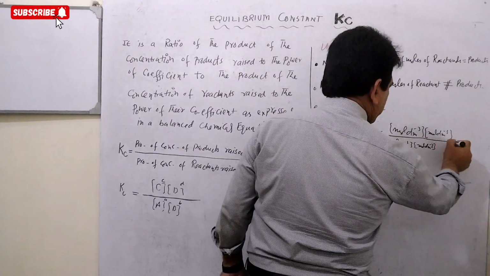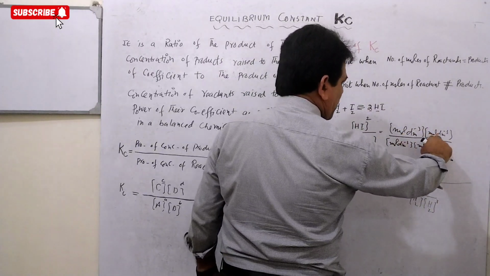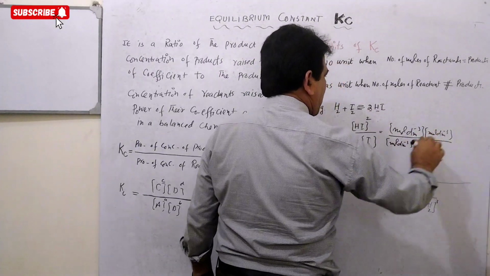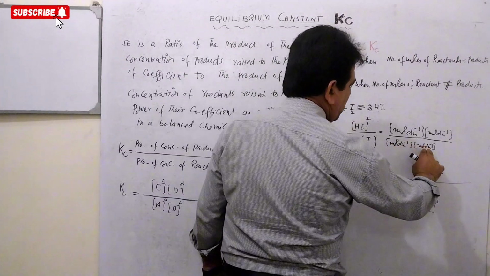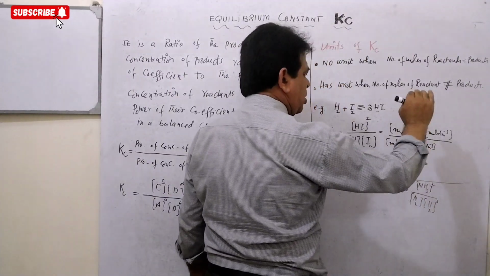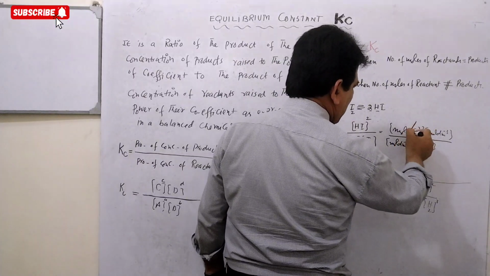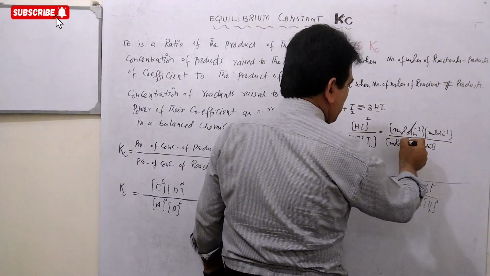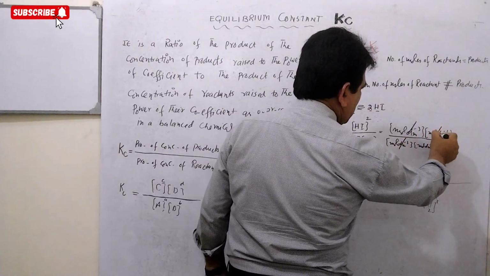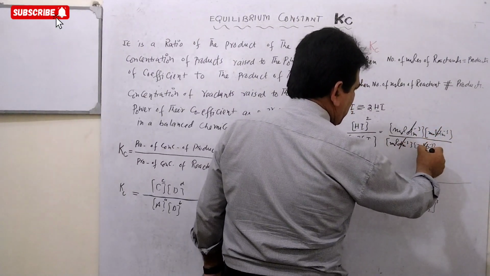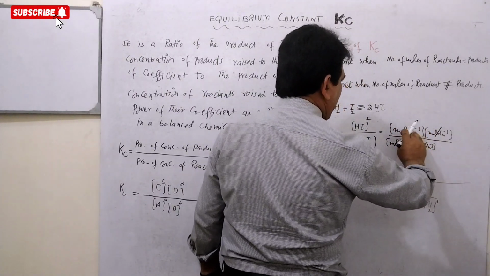Now we will see that there are 2 mole per decimeter cube on the upper side, and there are 2 moles per decimeter cube on the lower side. So we can cancel these values. Mole per decimeter cube will be cancelled with the mole per decimeter cube, and this mole per decimeter cube will be cancelled with this mole per decimeter cube, and there will be no unit left.